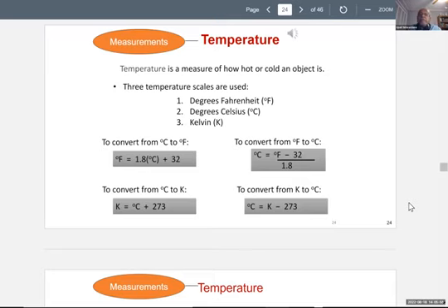Celsius is second one. Kelvin is third one. How do you convert Celsius to Fahrenheit? I have underlined here. You take the Celsius temperature, multiply it by 1.8, add 32, you get Celsius converted to Fahrenheit.